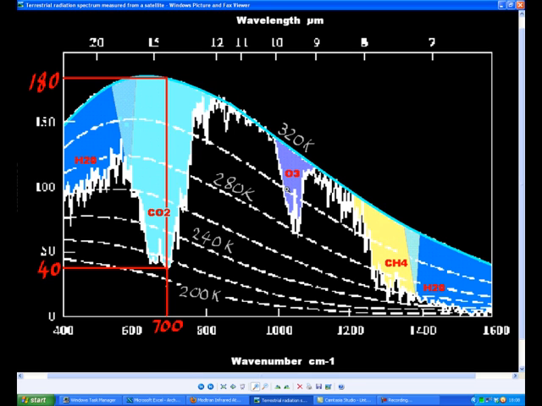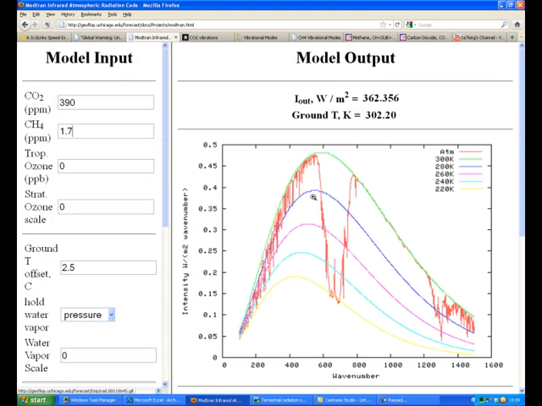Okay, next I think we should look at ozone, O3. Let's go back to the model again. So we can expect ozone to vibrate within this sort of frequency range here. Let's see what happens when we add ozone to the atmosphere.